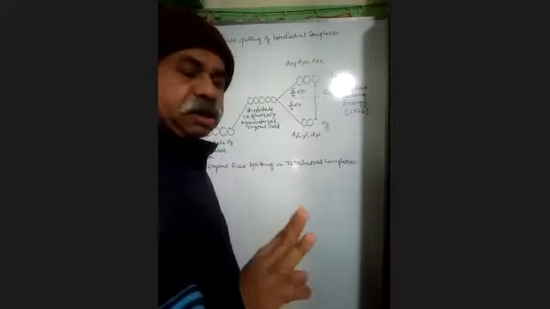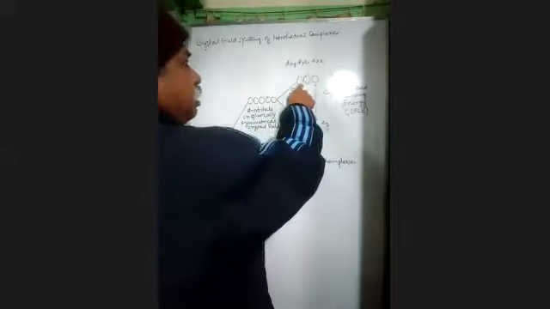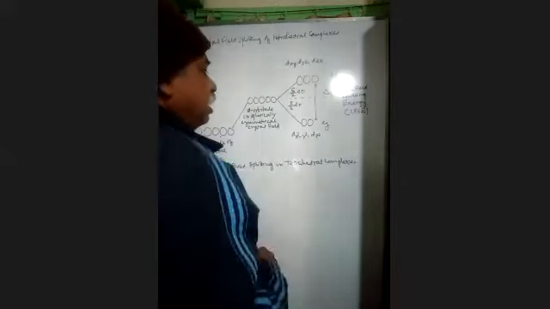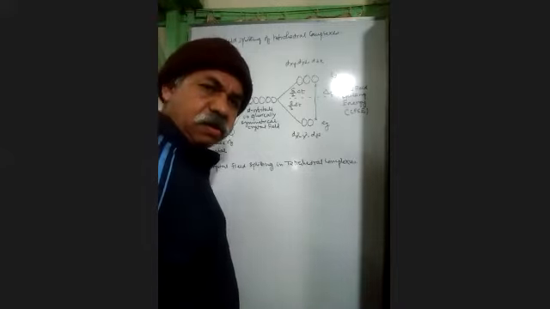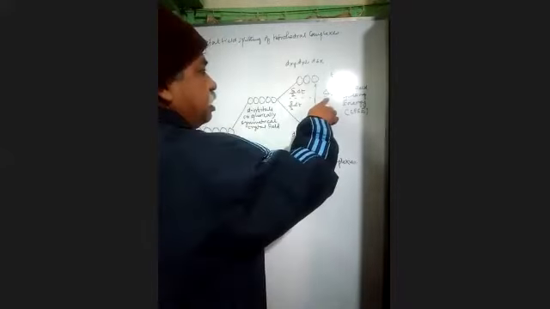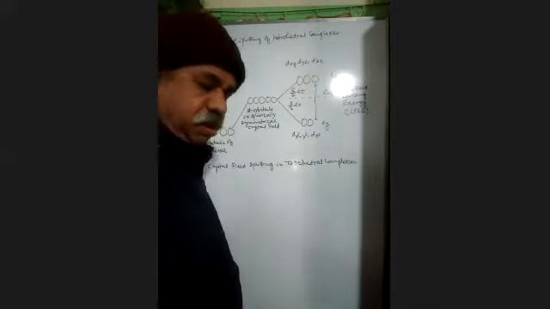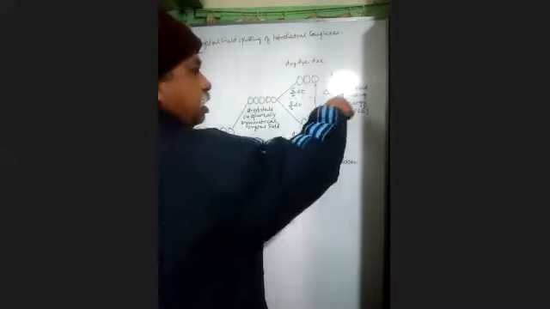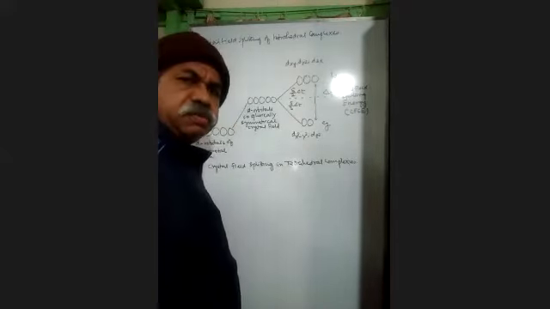Three orbitals T2G, two orbitals EG. You always remember. 1, 2, 3 T2G. And here 2 EG. Okay, understood? Yes, sir. Here it is delta T. T is small, T is subscript. Crystal field splitting energy.